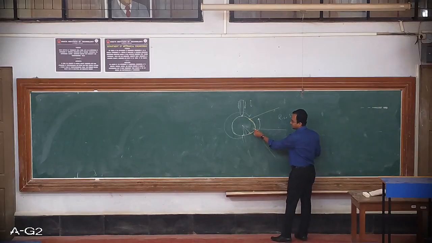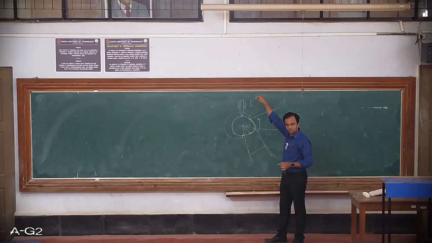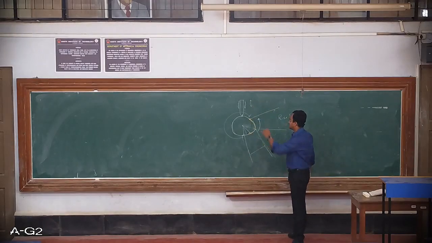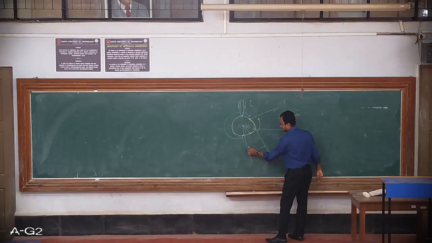Again, from this point to this point over here, the radius is decreasing and the follower will come in the downward direction, or return. Hence we call this return stroke.